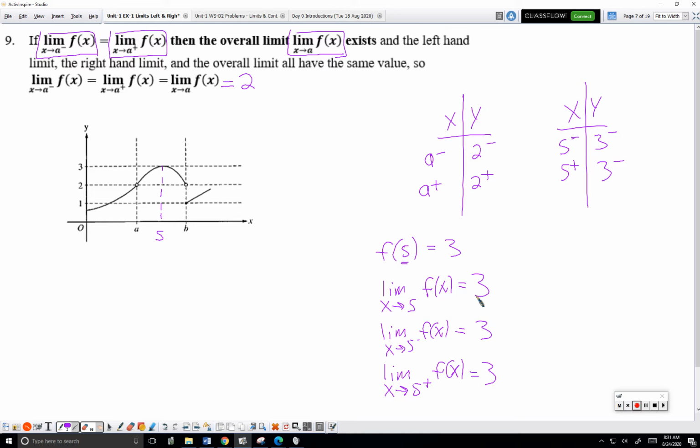Other questions? Oh, please. What's the point of the overall limit if it's the same as the other two limits? Gotcha. We don't have time to go into the depth of that question today, but it will come up again and again and again throughout the year. And the idea is that there were mathematical questions that for, honestly, thousands of years, mathematicians said we have no answer until Isaac Newton discovered that we really don't have to know exactly what's happening at, say, 5.